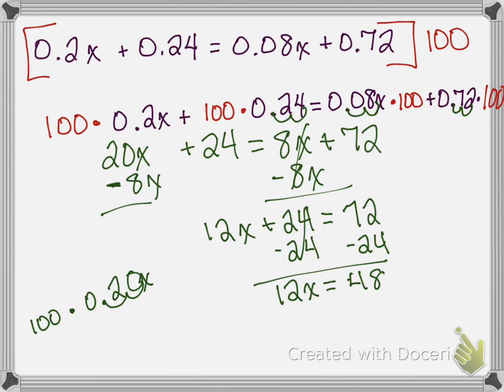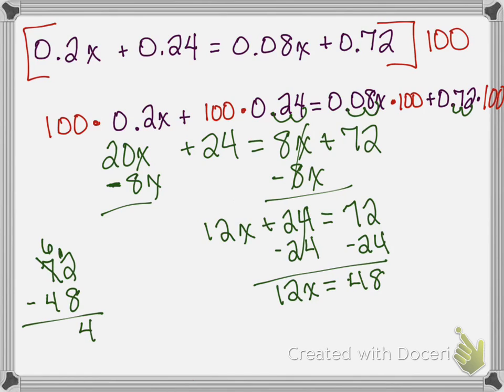Now, if we need just a refresher on how to do subtraction, I've got 72 minus 48. 72 minus 48. I know we're going way, way back, but we want to make sure. The 7 becomes a 6 because I've got to borrow. 12 minus 8 is 4. What did I do wrong?